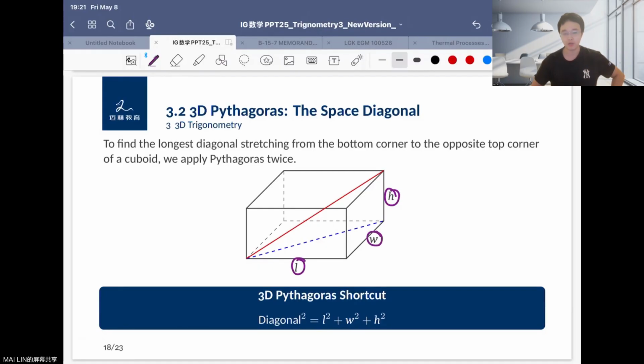If you want to find the angle theta, you can use the rule: diagonal squared equals L squared plus W squared plus H squared.